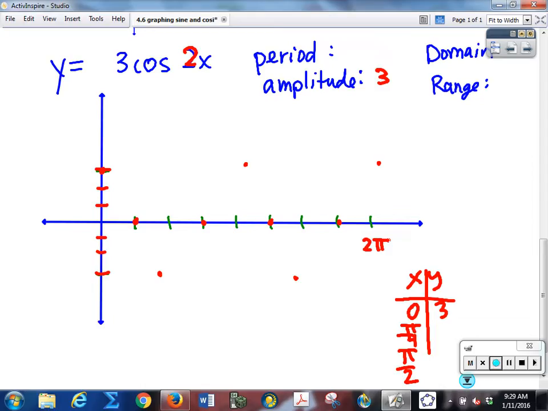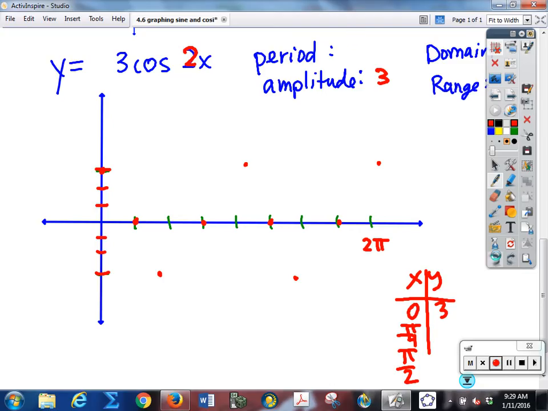So the easiest way I have found to do it is you take your normal period, 2 pi, and whatever this value is right here, you divide by that number because you're chopping the period in half since it's going twice as fast. So whatever this number is, if you divide by it, that will tell you what your period is. Because it goes twice as fast, so the period's 1 pi instead of 2 pi.